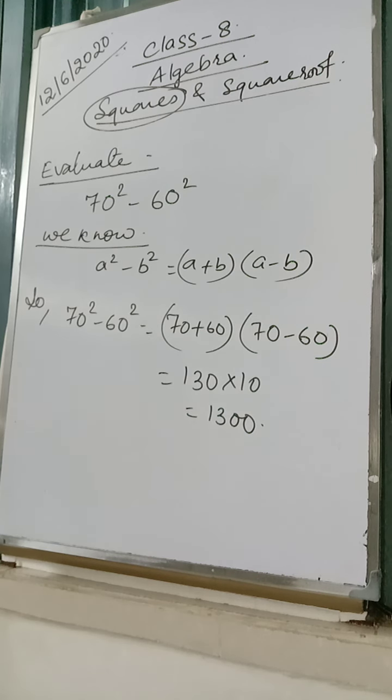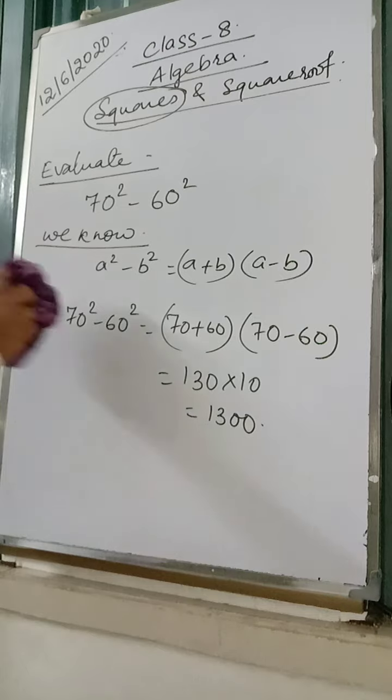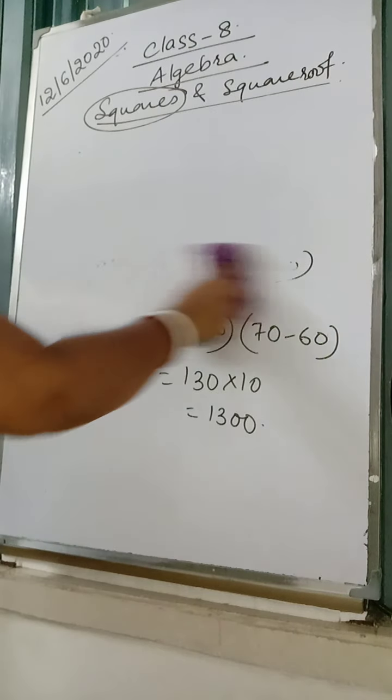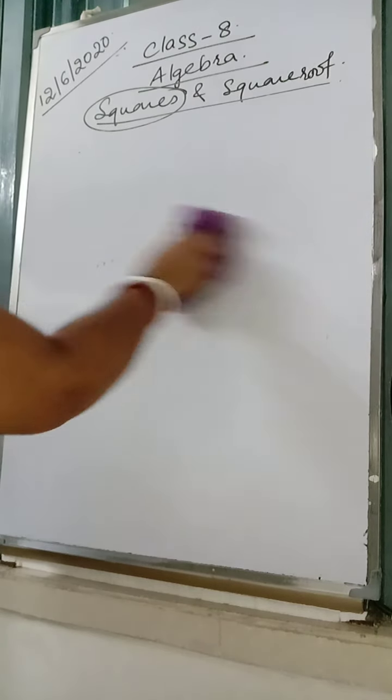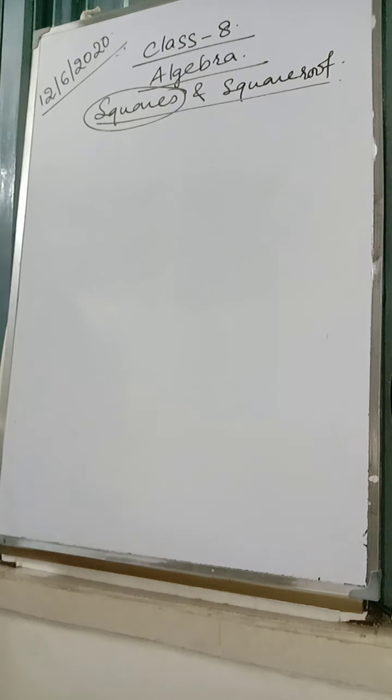The next, we have to find the smallest square number which is exactly divisible by some given numbers.